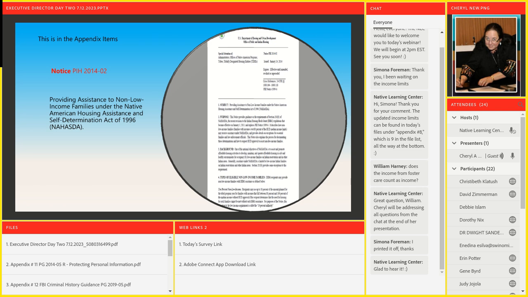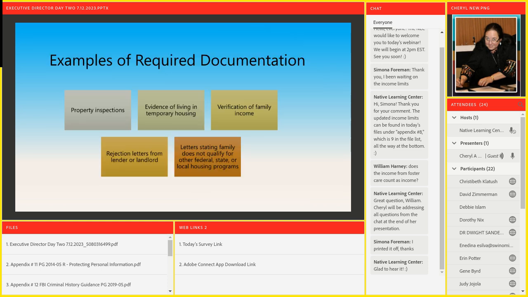The guidance that gives you all the direction on how much you charge, the calculations you use, and the permissions you need are all within PIH 214.02. It's in your appendix items. This should be in the binder that your occupancy staff has, but you need to become very, very familiar with this if you're going to help anybody over 80% of median income. This is also where you'll find the essential families and the law enforcement guidance, okay?